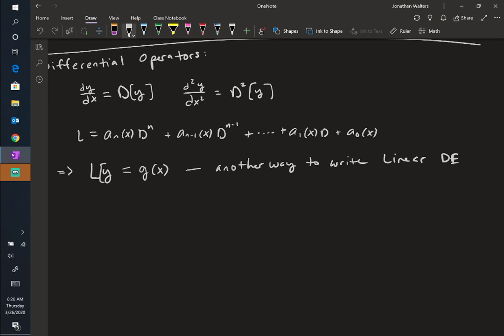Basically, this L takes y as an input and then sticks y into each differential operator. L acts on y by plugging y into each differential operator.